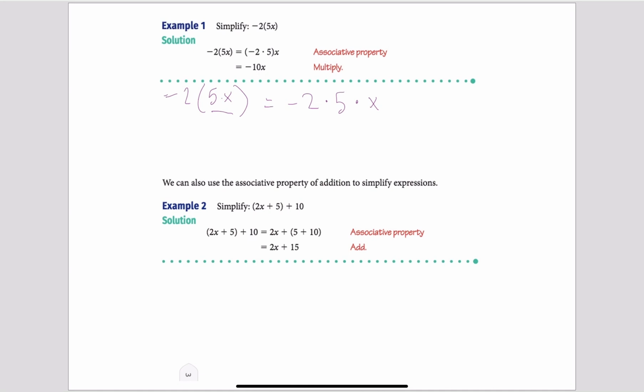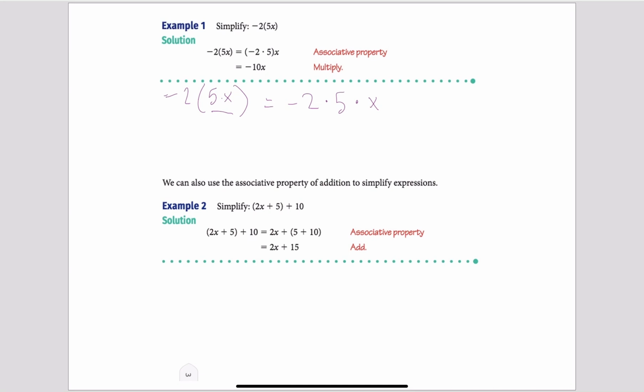But when you multiply 5 times x, all you get is 5x because one's a constant, a number, and the other's a variable, a letter. When we multiply them together, putting them next to each other, saying 5 times x is the best we can do until we know what x is worth. Now, compare that to multiplying negative 2 times 5.